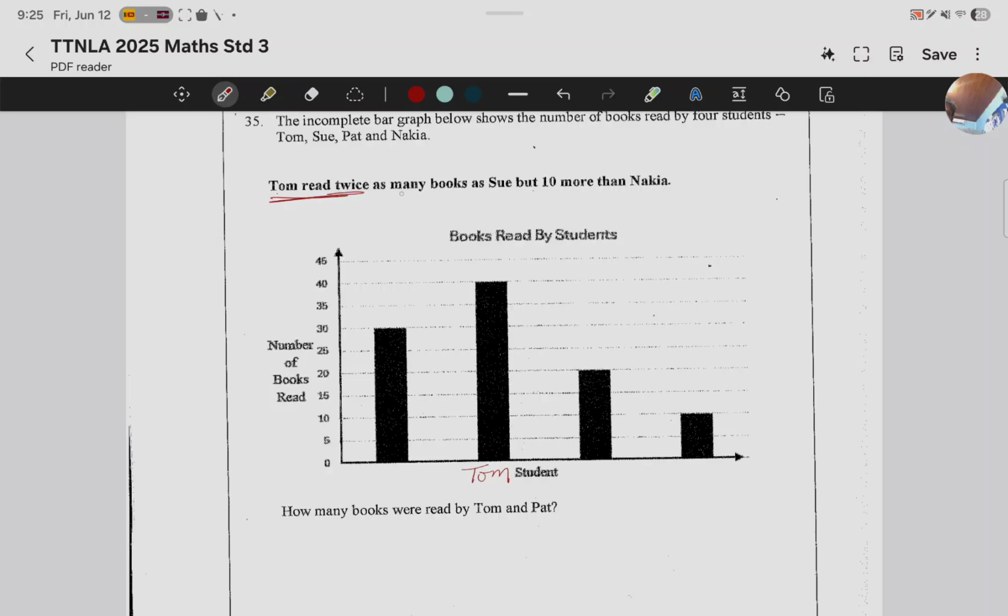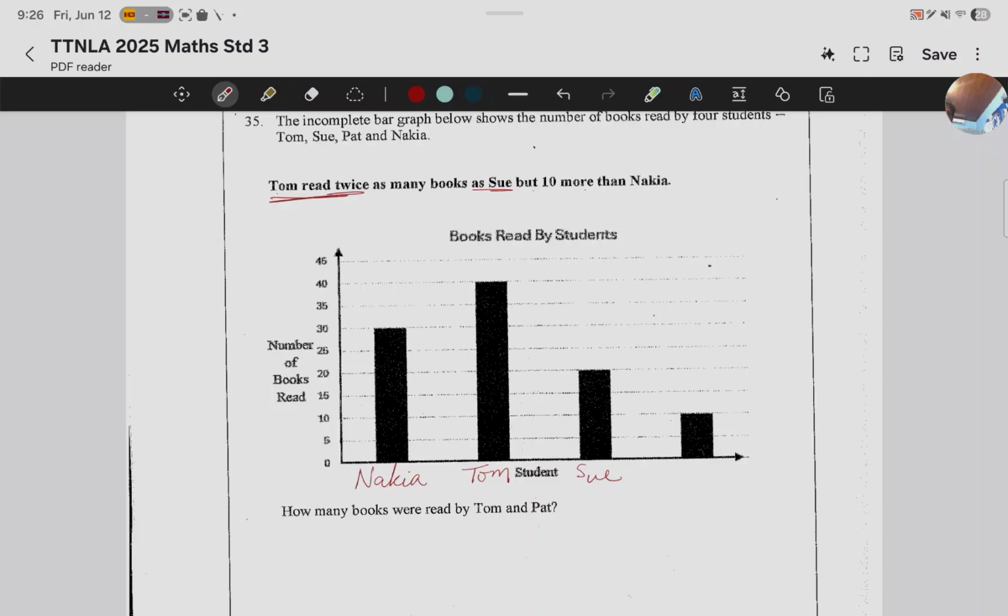And then it said he read twice as many as Sue. So that means Sue read half the amount. So half of 40 is 20. So this could be Sue. Then they said he read 10 more than Nakia. So 10 more means Nakia read 10 less. So 10 less than 40 would be 30.